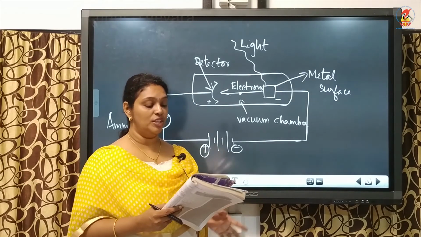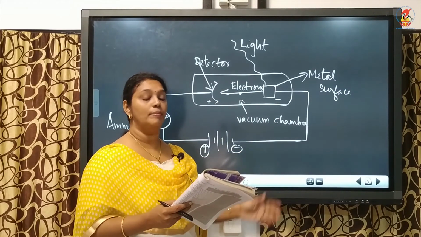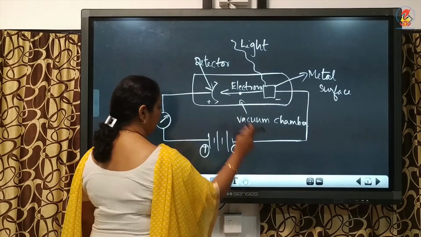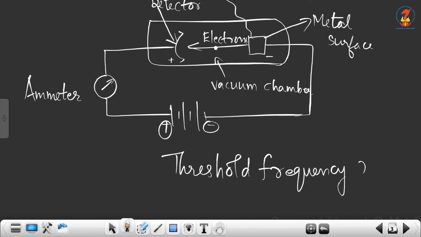The third observation is that for each metal there is a characteristic minimum frequency called threshold frequency, and it is denoted by nu naught.